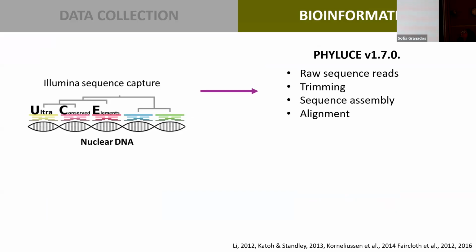Just briefly, the bioinformatics part: for the UCEs, I use a program called phyluce, which is specifically designed to work with this data. It's a bunch of functions and steps to get your final alignments. You get raw reads, you clean your data, you assemble, and then you have your final alignments.